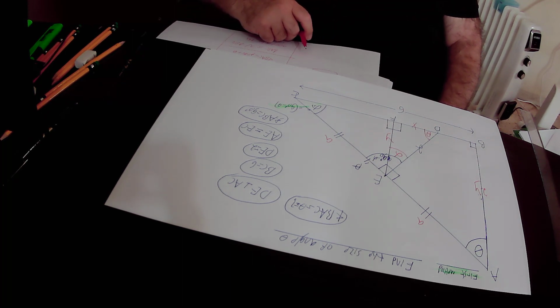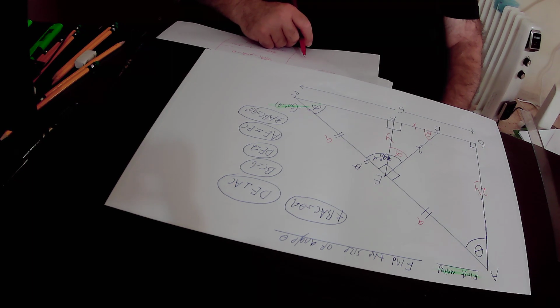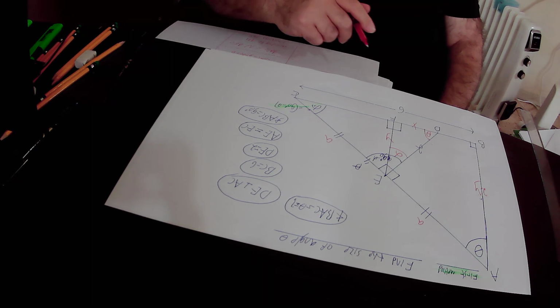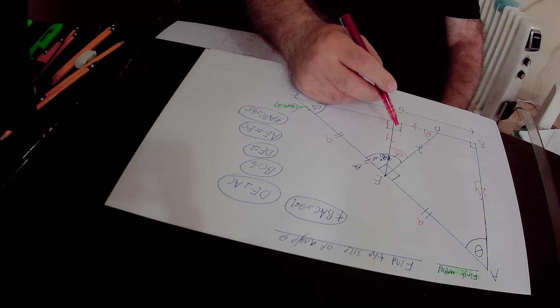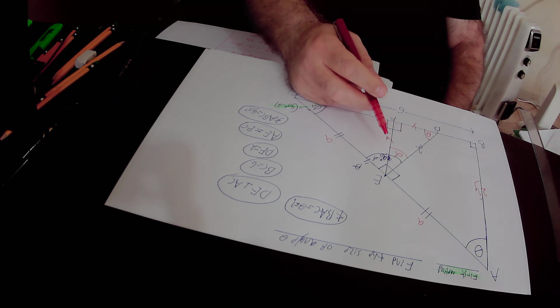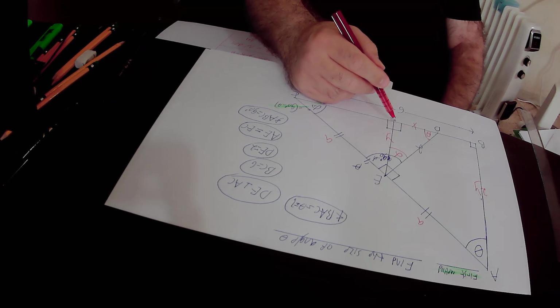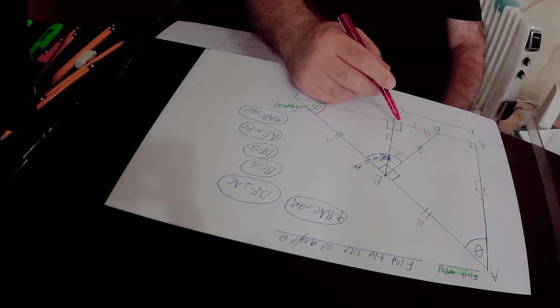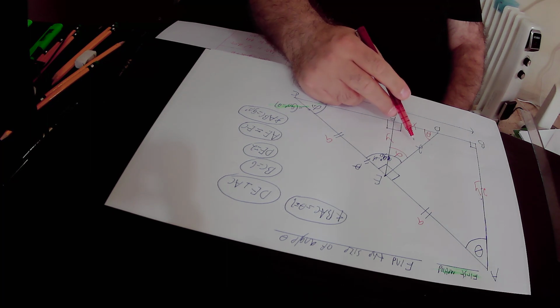In the next step, but before that, if we focus on the right triangle EDF, according to the Pythagoras theorem, x squared plus y squared equals 2 squared.